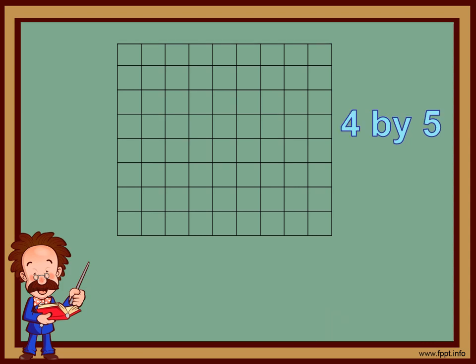Now, what's next? Now, here he wants me to shade 4 by 5. So it's 4 rows and 5 columns. Let's shade 4, 1, 2, 3, 4, and we're going to do it 5 times.